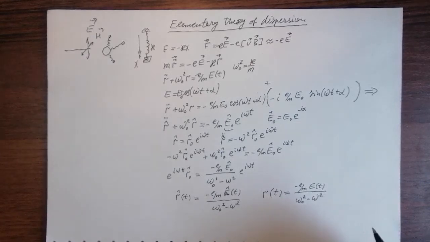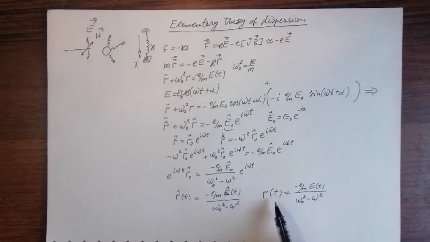Now if we look at what is happening, this is r of t. What is the physical sense of this value? This is the displacement of electrons under the external force E of t. e multiplied by E of t gives us the electric force, and this is the displacement depending on time.